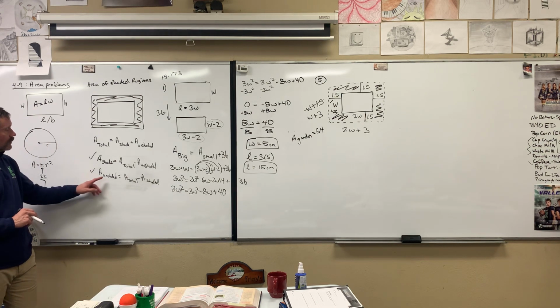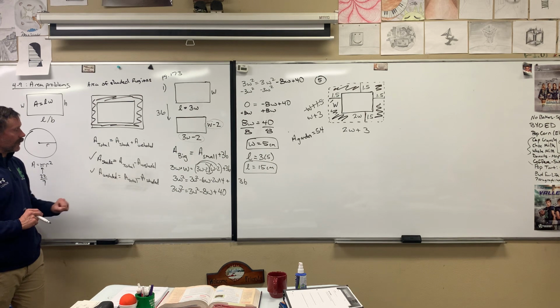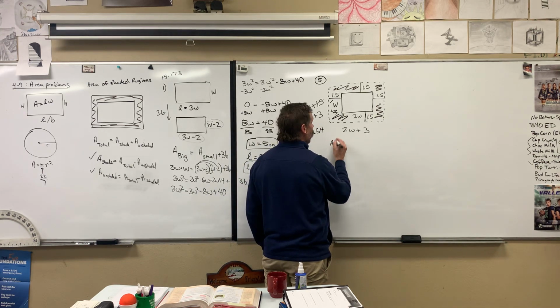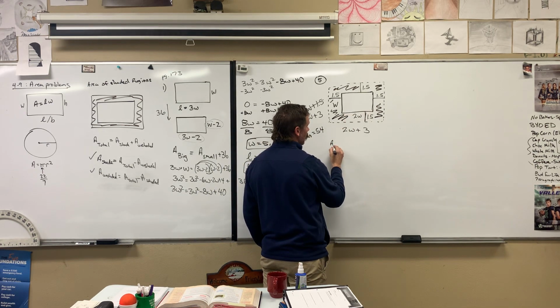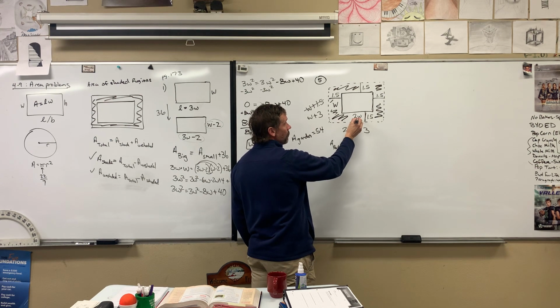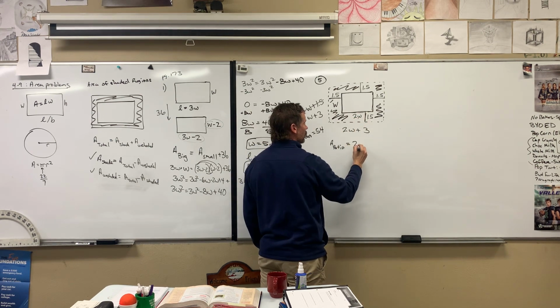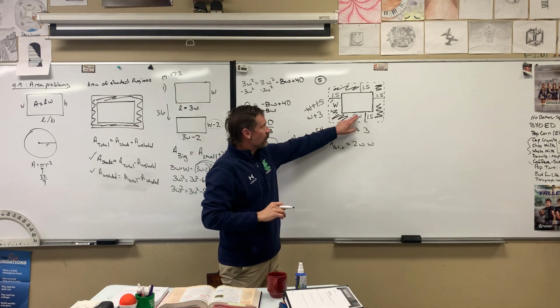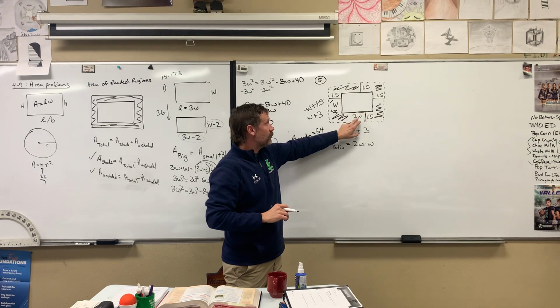So let's talk about what is the area of the unshaded, of the patio in this case. What's the area of our patio? 2W times W. Sorry about all this shading and black marker everywhere, but hopefully we can see. The area of this patio is 2W times W.